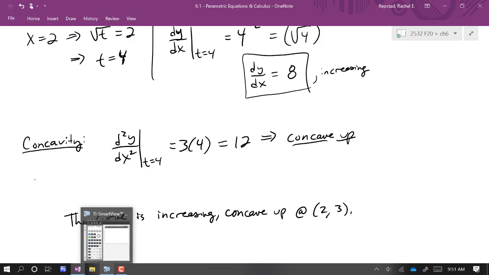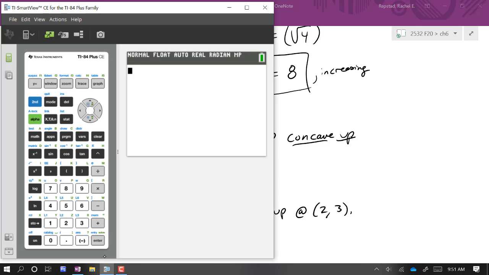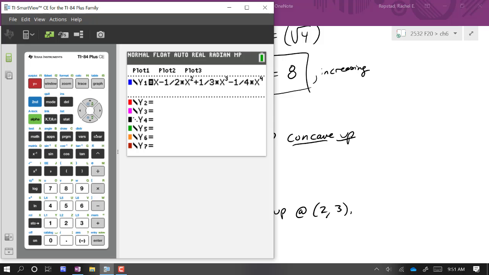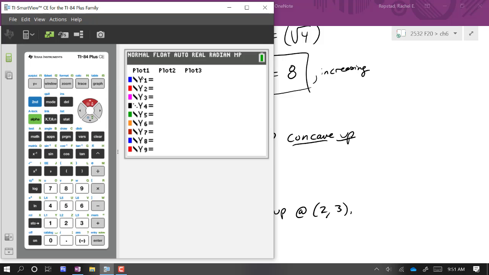So right now I'm just going to take a little bit of time and show you how our calculator can graph parametric equations. When you hit the y equals button, here's what we're used to seeing, right? A different equation for each y function. Y equals a function of x, a rectangular equation I might want to plug in.